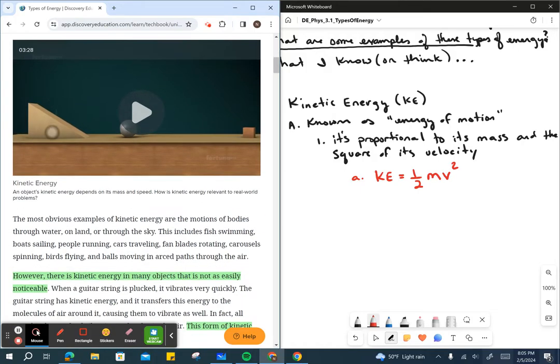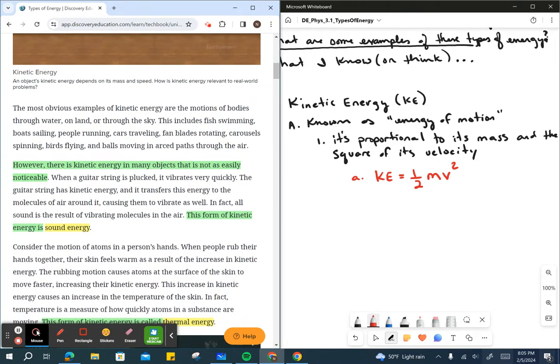They've got a little video there. So they talk about different examples: fish swimming, boat sailing, people running, carousel spinning, all these things, anything that moves. These are examples of kinetic energy. But take a look at the next paragraph.